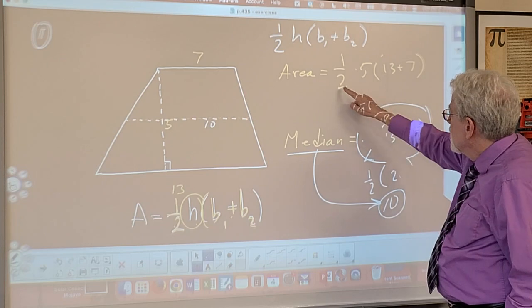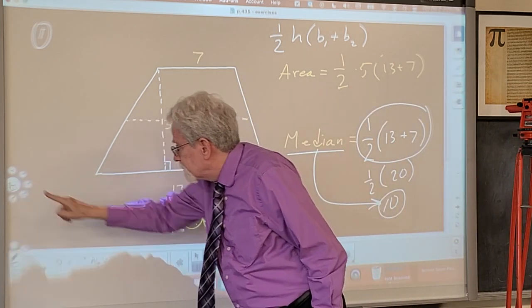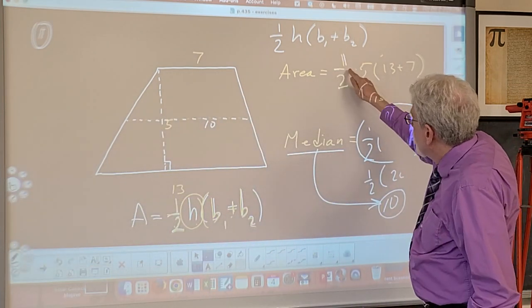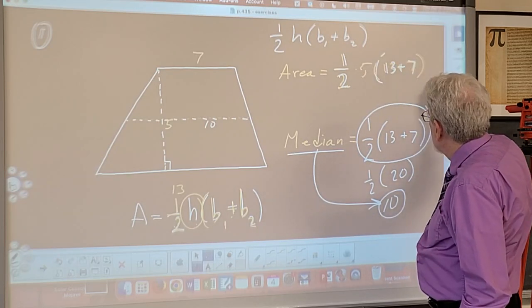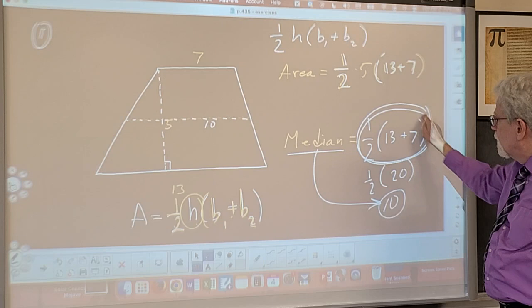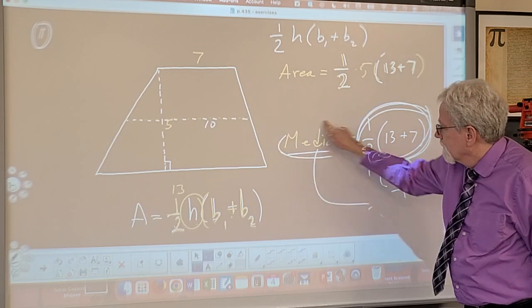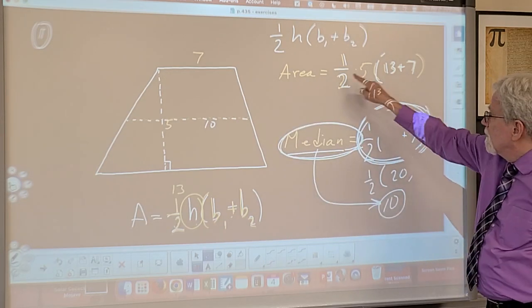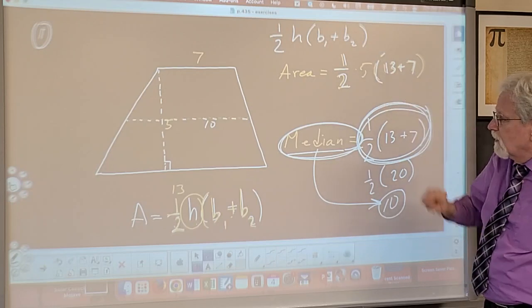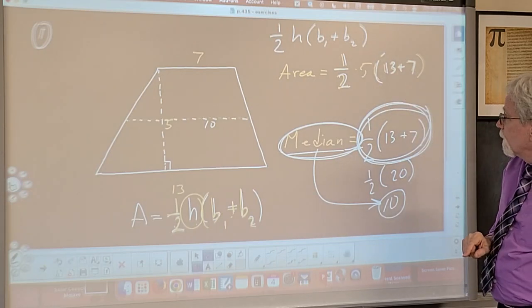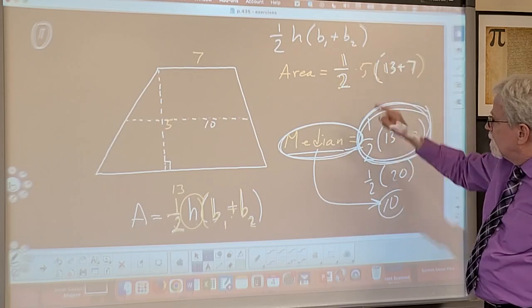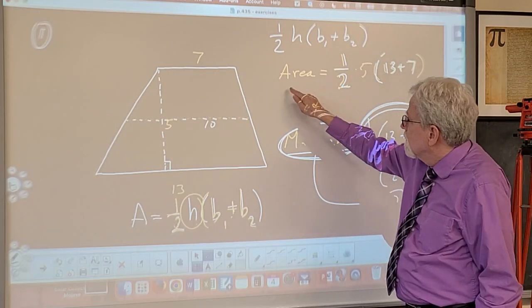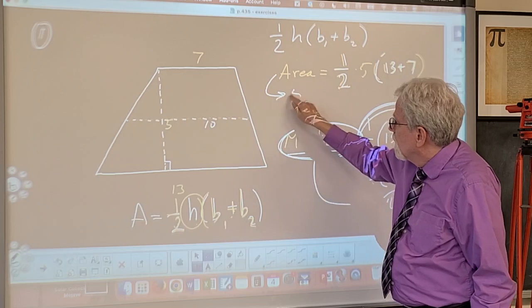See, let me highlight it. This part here, 1/2 times 13 plus 7. Doesn't that look kind of familiar? That's the median times the height, 5. So any way you look at it, half of 20 is 10. 10 times 5 is 50. The area is 50.